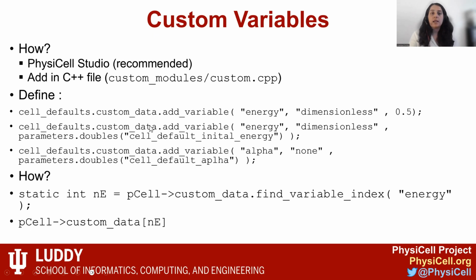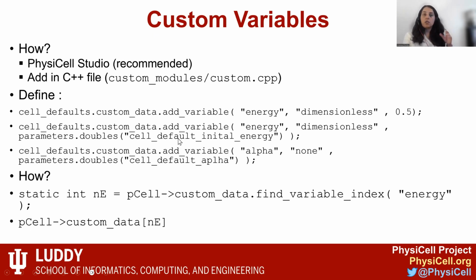So it will create a new variable for cell_defaults whose name would be energy, and its default value will be 0.5. Similarly, you can get the value from the parameter. Suppose you want to add the variable energy, which is dimensionless, but the value that you are initializing is coming from the XML file. So you will get parameters.doubles cell_default_initial_energy.